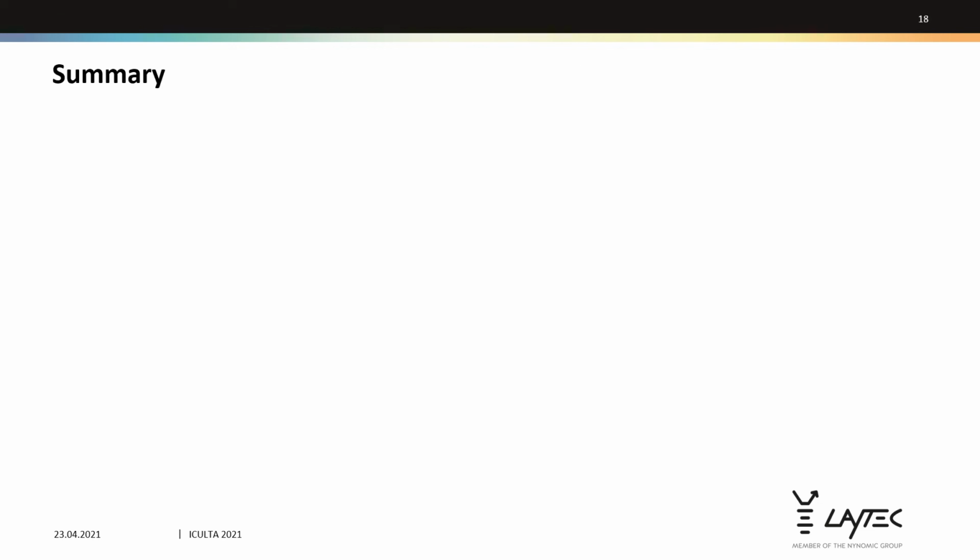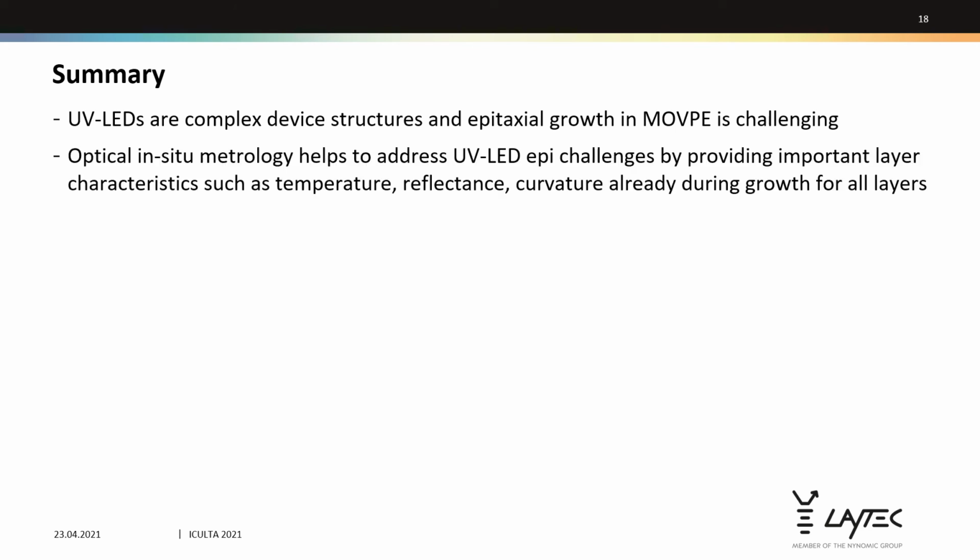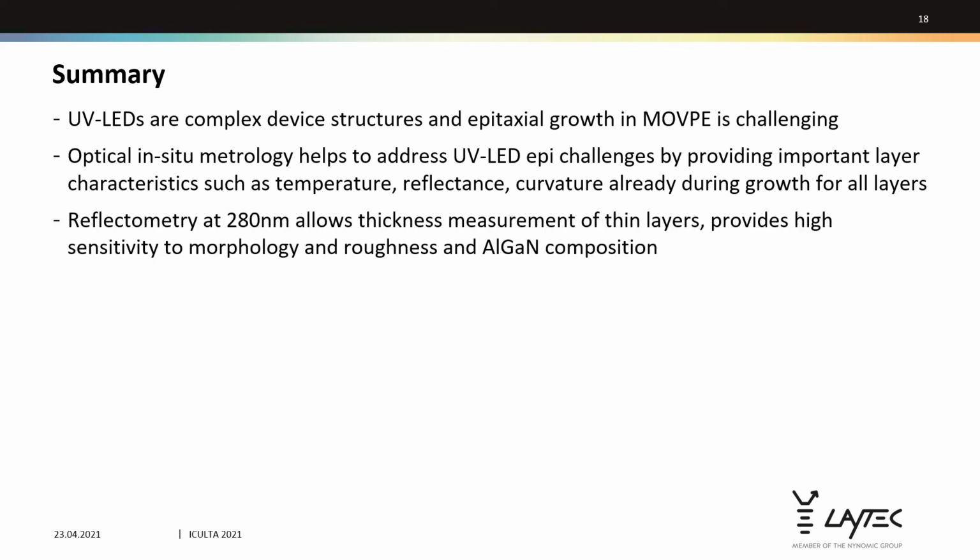So let me summarize my talk. I've shown you that UV LEDs are complex device structures and that especially the epitaxial growth in an MOCVD system is very challenging. I've also shown you that optical in-situ metrology helps to address some of these challenges by providing important layer information such as temperature, reflectance, and curvature already during the MOCVD process. Reflectometry at 280 nanometers in particular is very useful as it allows thickness measurement for rather thin layers.